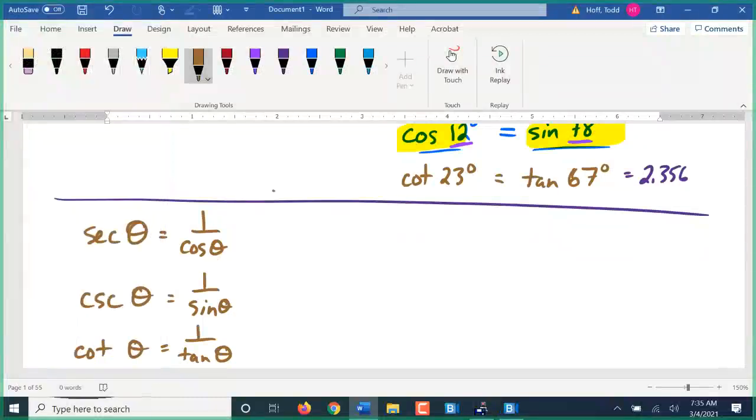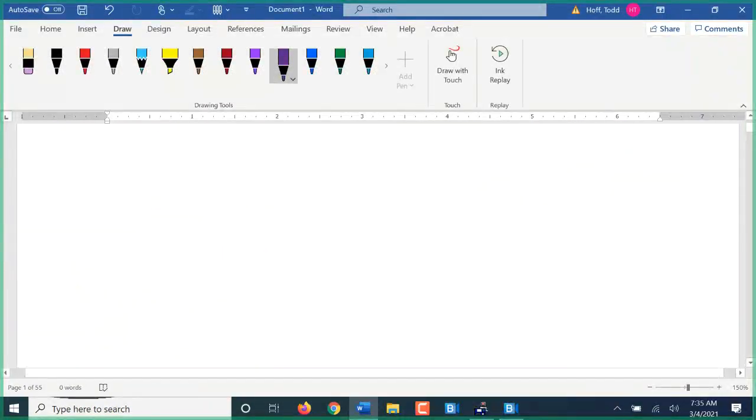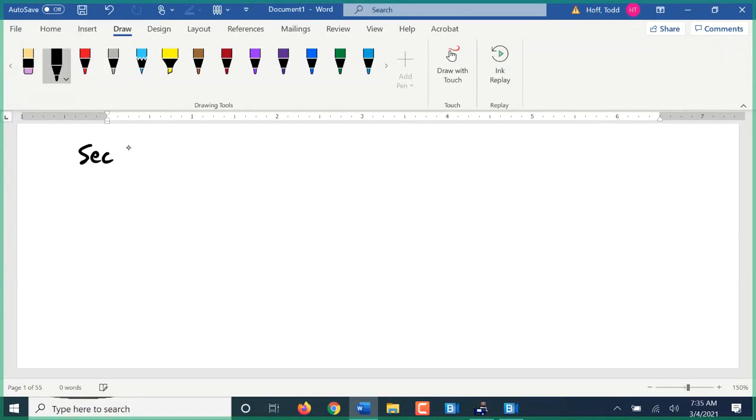So one of the things I want to do today is practice using these reciprocal functions. It's a matter of getting the keystrokes down. I want to find the secant of 58 degrees. What trig function matches up with secant?